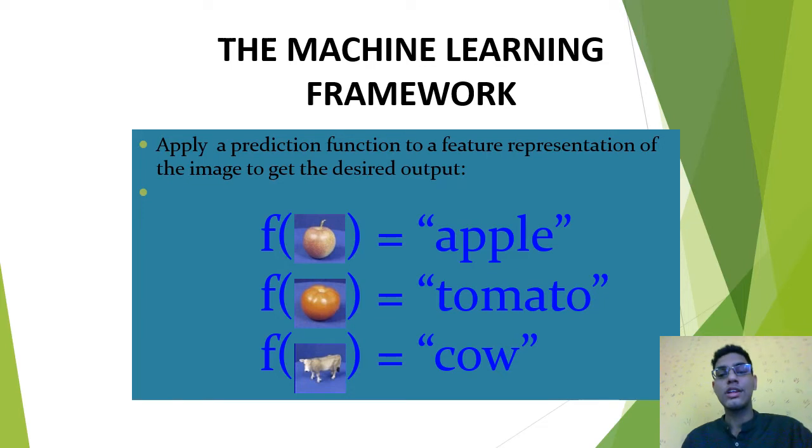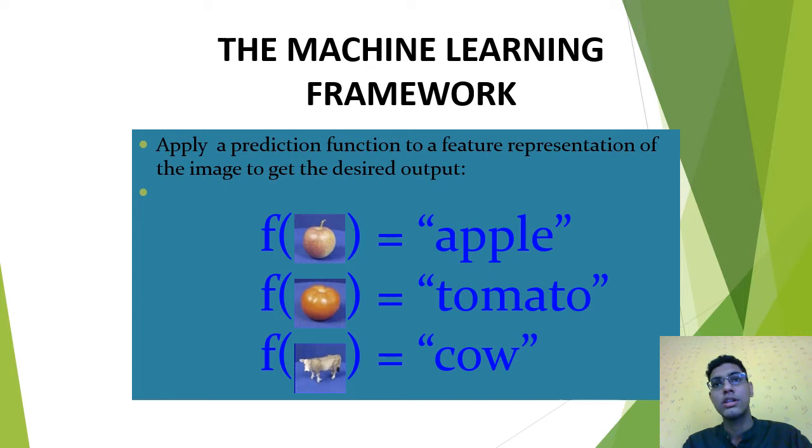So how does the machine learning framework work? First of all, let's see how the framework works. We apply a prediction function to a feature representation of the image to get the desired output. Let us take an example: we consider an image as an input, and we have to check the output.